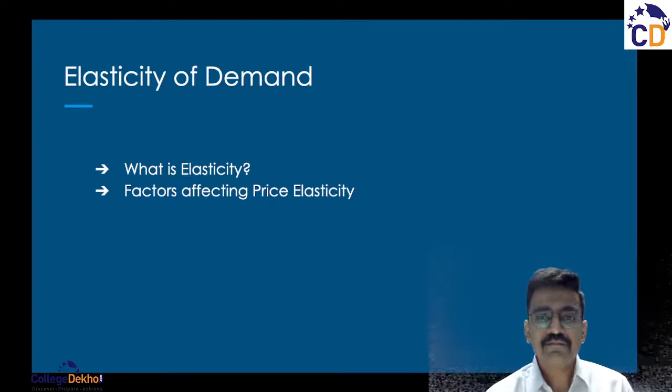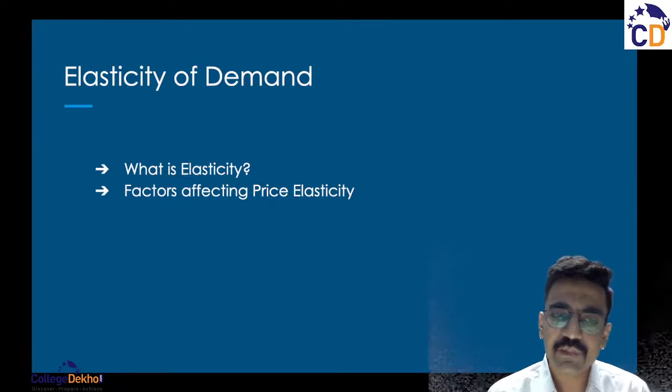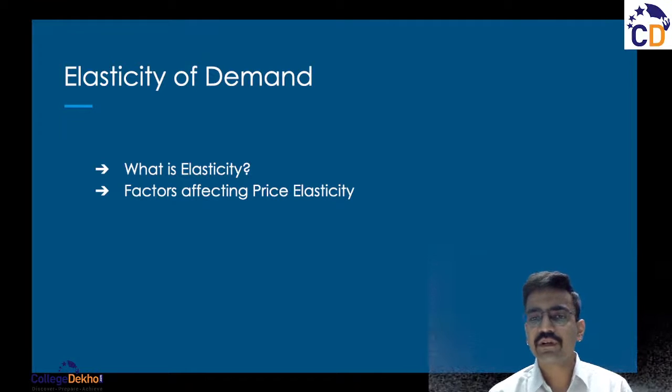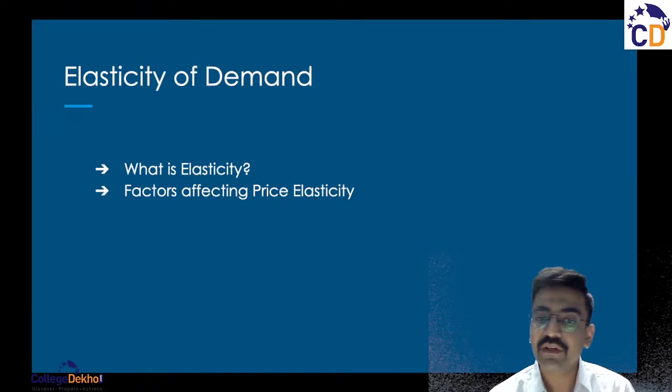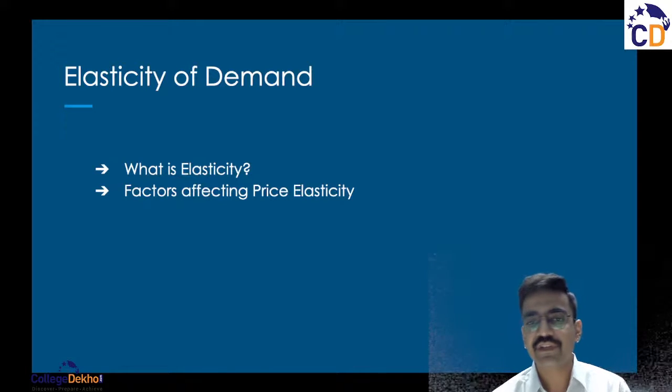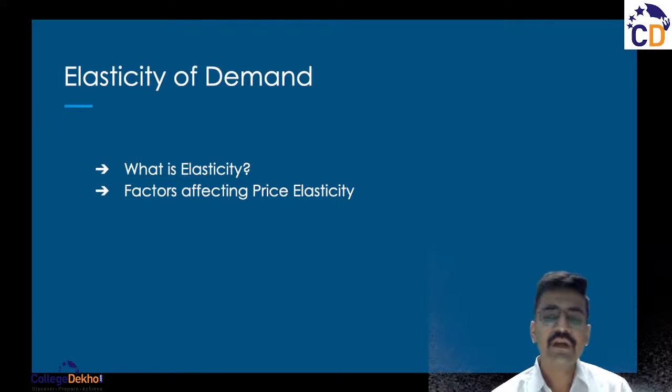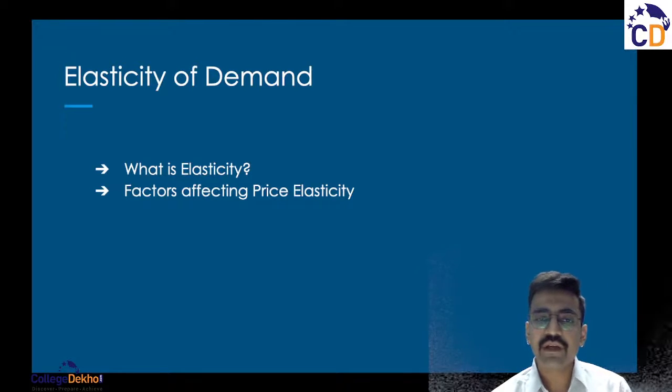Now, the price elasticity of demand could be calculated using these various graphs that the demand curve is plotted on, right? And we use different factors such as the price and the demand, and how much the demand is increasing or decreasing on the basis of how much the price is decreasing or increasing.